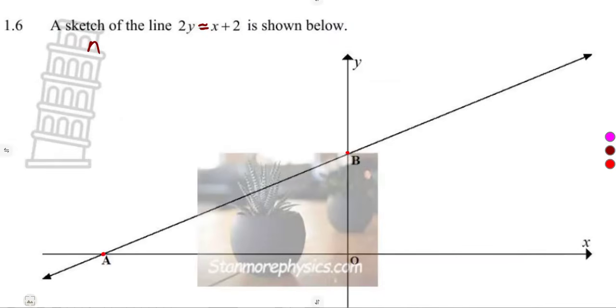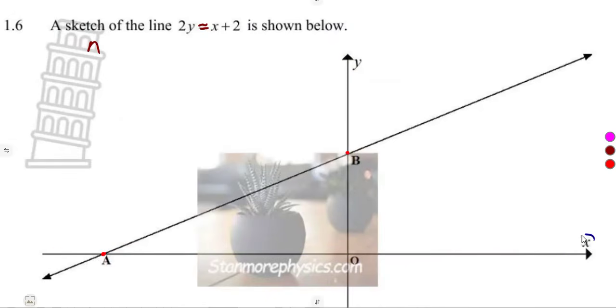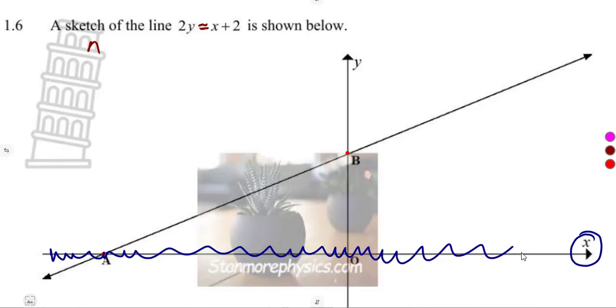So remember the concept that we understand of the lines, the Cartesian plane. What is it that you know about that Cartesian plane, the x-axis and the y-axis? We know that A lies in the x-axis, so we must know the properties of that x-axis.